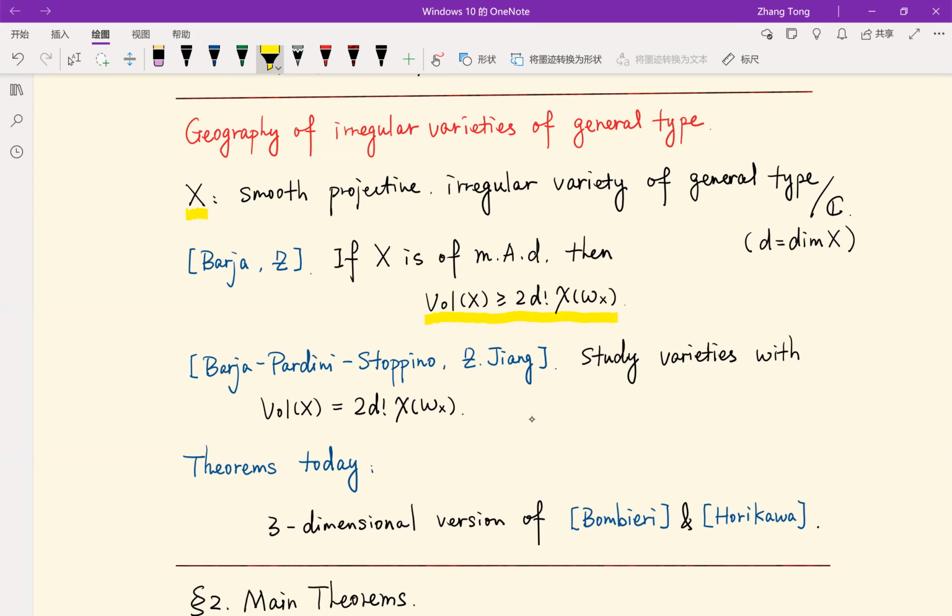And this is again optimal. So it's a sharp inequality, and we know some examples where this inequality becomes an equality.